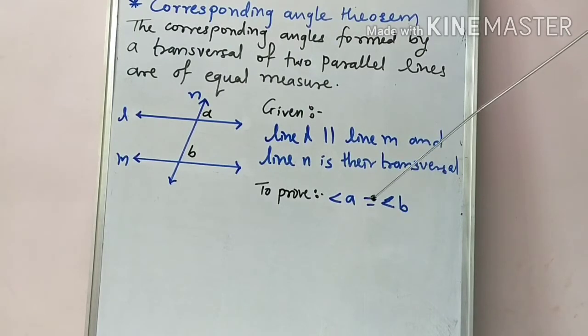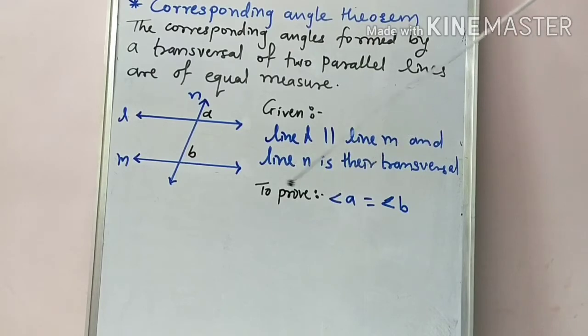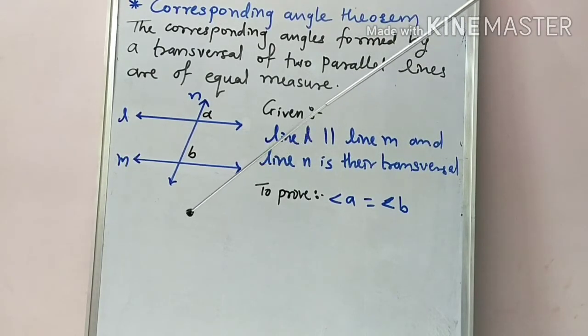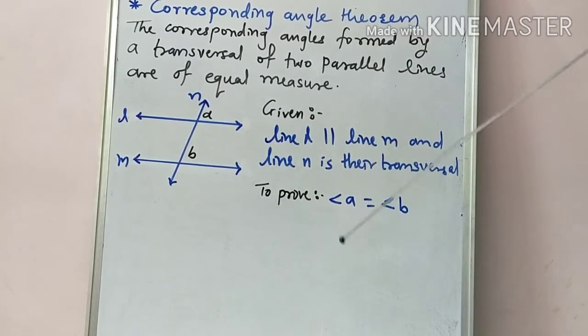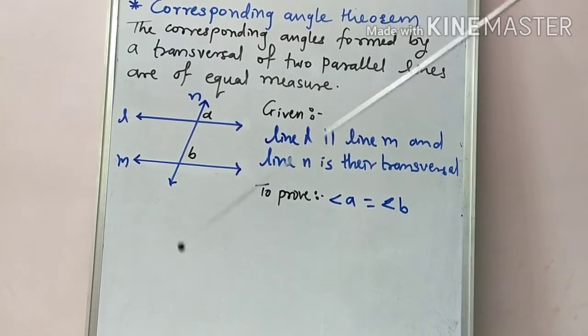Okay. So to prove this, again here the theorem depends on previous properties, as we very well know, and here again this proof depends on the property of what? The interior angle theorem and the linear pair of angles. Okay.